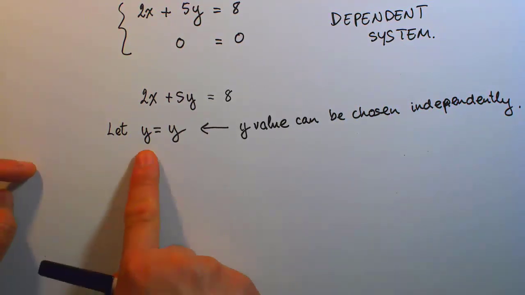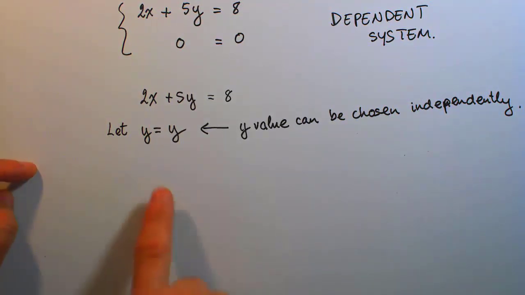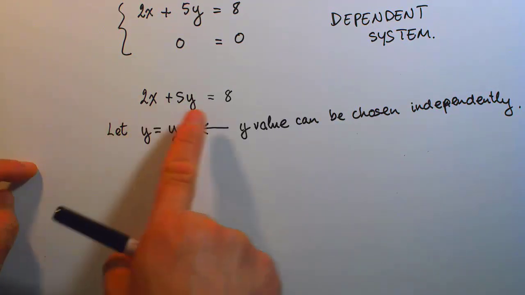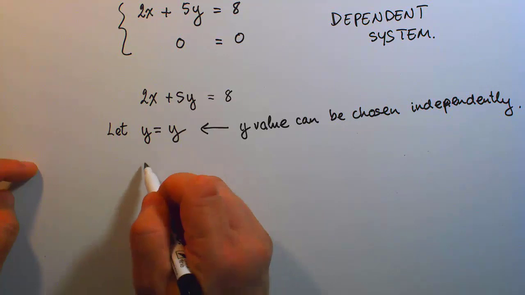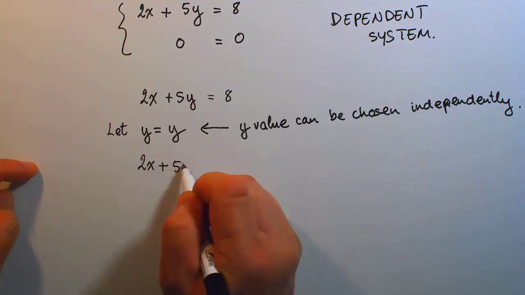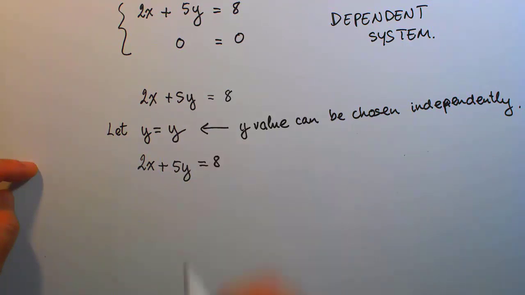Once y can be chosen independently, our remaining responsibility is to solve for x in terms of y. Starting with our equation again, 2x plus 5y equals 8.